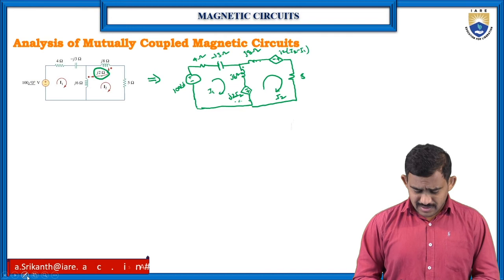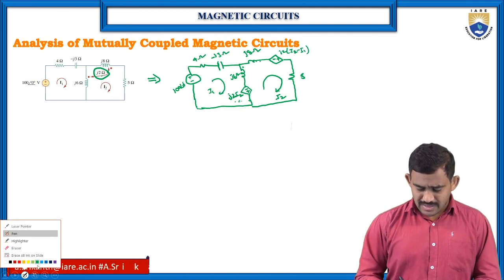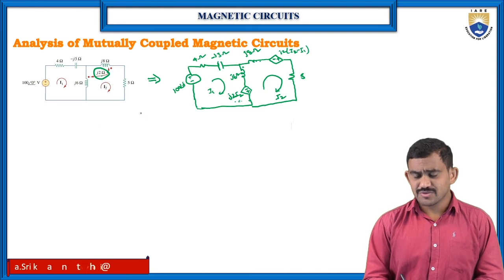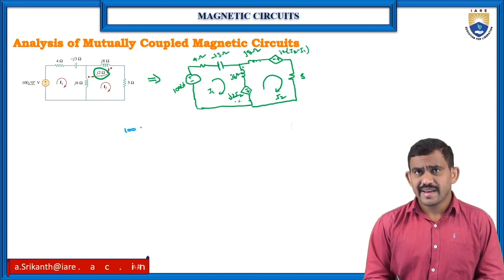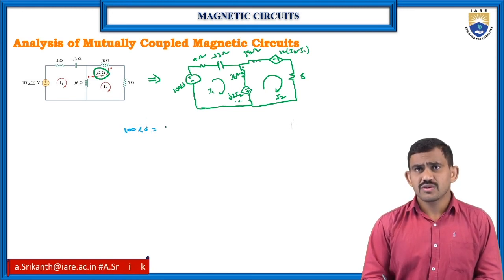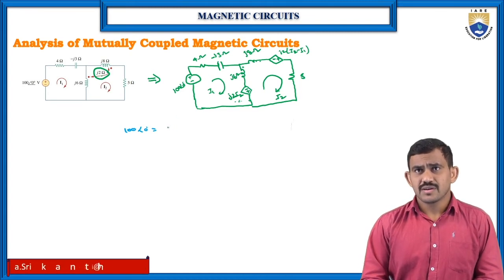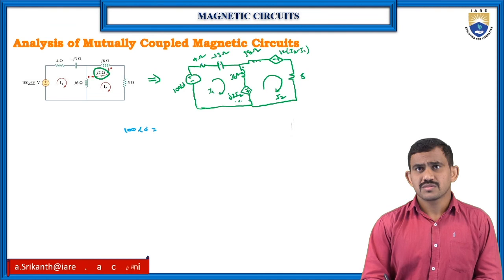So write the equation for loop 1 like mesh analysis, which you know; you can write it directly using mesh analysis. 100 angle 0 equals the voltage drops. For 4 ohms, the inductor and the capacitor we have the same current.